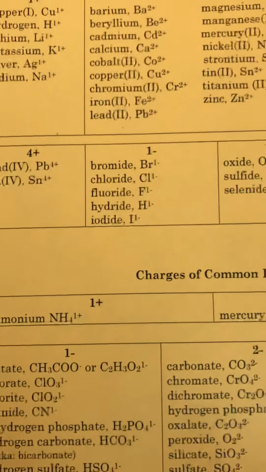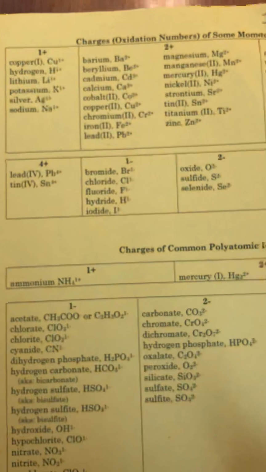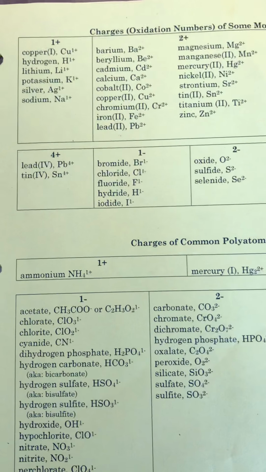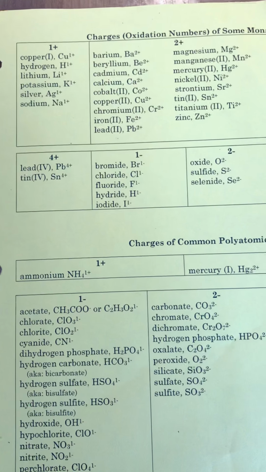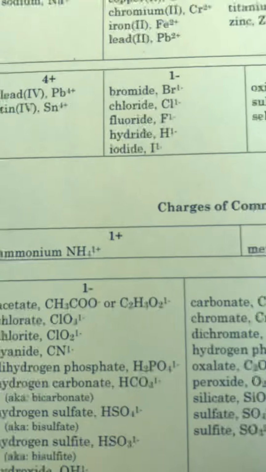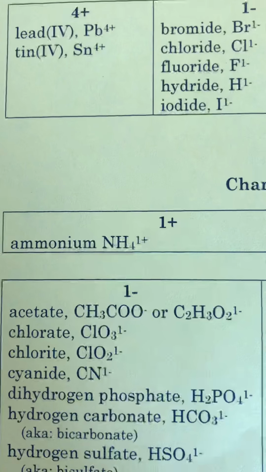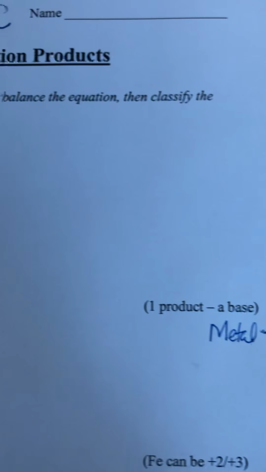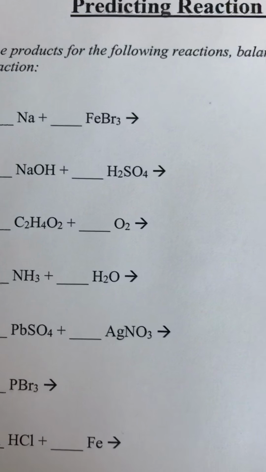And if you go back to the sheet that we learned about our ions, right? There is a positively charged ion on here that is not a metal, that is made of the same elements that we have in the equation that we're focusing on. Did you see how I focused on it?